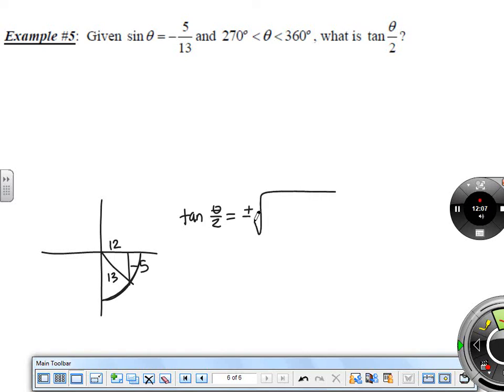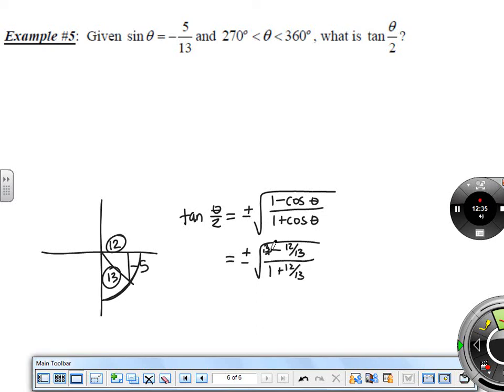this is our formula that we were using. In the numerator, it's 1 minus cosine over the angle, and in the denominator, 1 plus. So for us, the cosine here is adjacent over hypotenuse, so 12 over 13. So this is plus or minus the square root of 1 minus 12 over 13 over 1 plus 12 over 13.